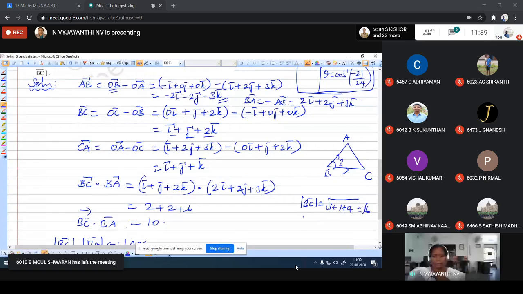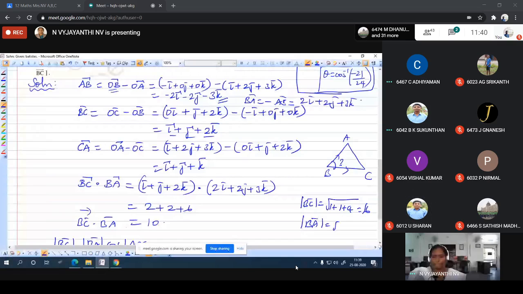Next, modulus of BA is square root of 4 plus 4 plus 9, that is root 17. So cos of angle ABC equals 10 divided by root 6 into root 17, so angle ABC is cos inverse of 10 divided by root 6 into root 17.